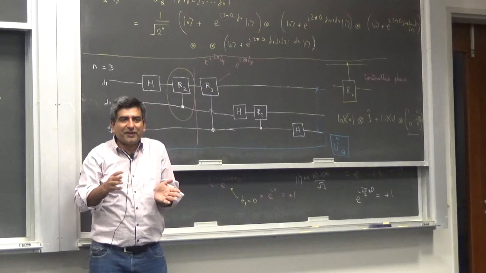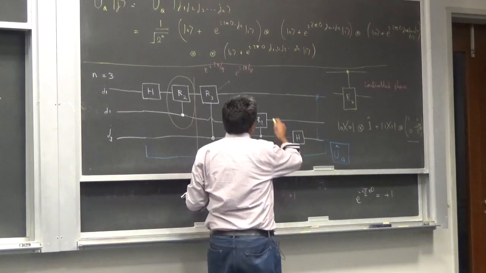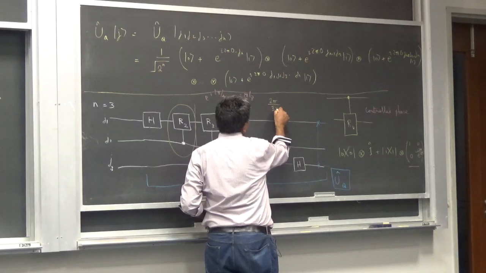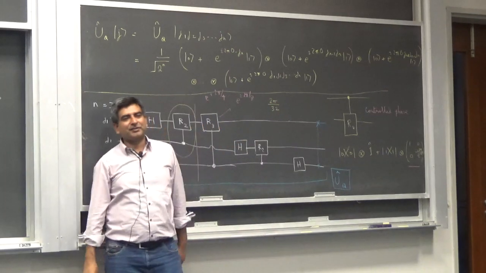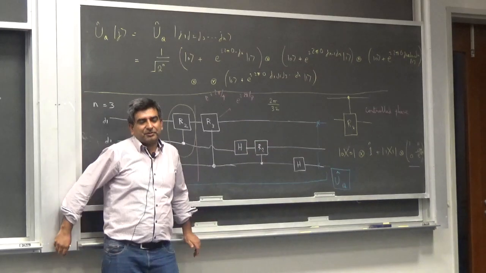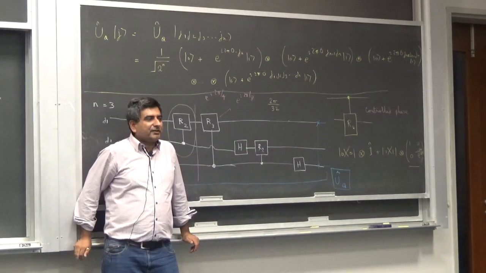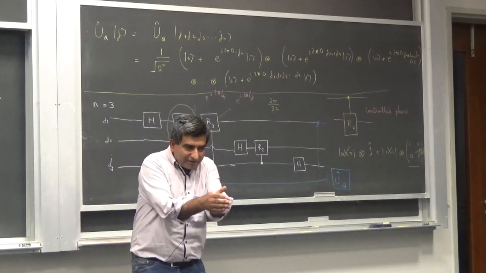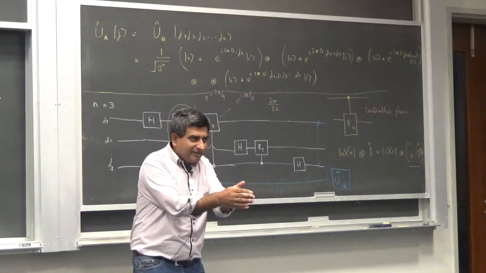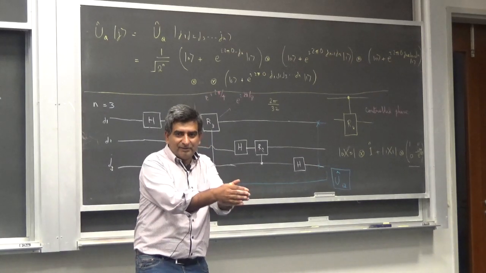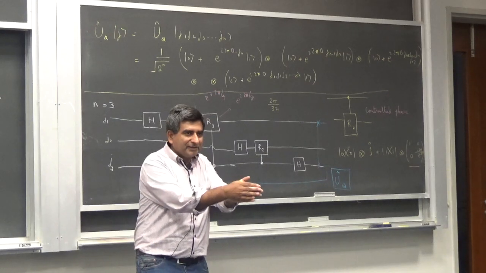If you have R5, this means you have a rotation by 2 pi over 2 raised to the power 5, which is 32. Really small rotation. 360 degrees divided by 32 is 11 degrees or so. So you need to make a controlled rotation by a few degrees on a single qubit. That's really difficult to do accurately. You might hit the noise limit.